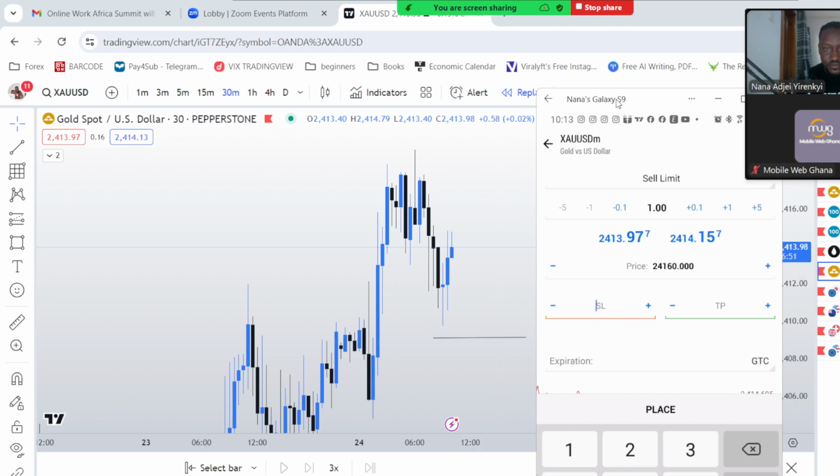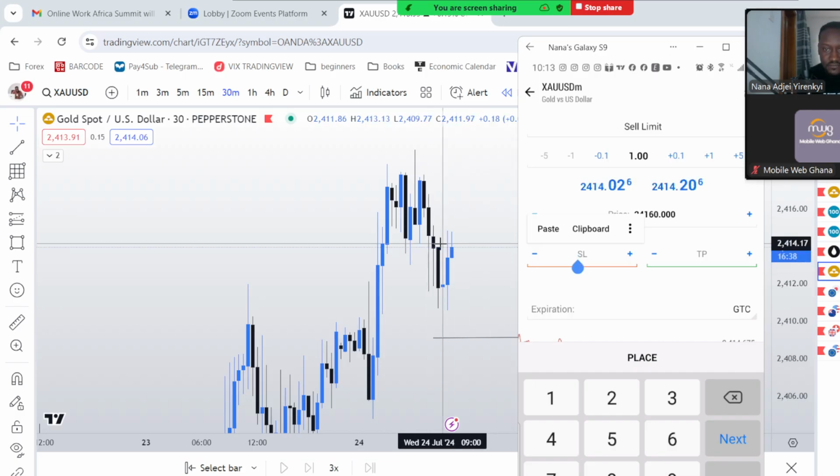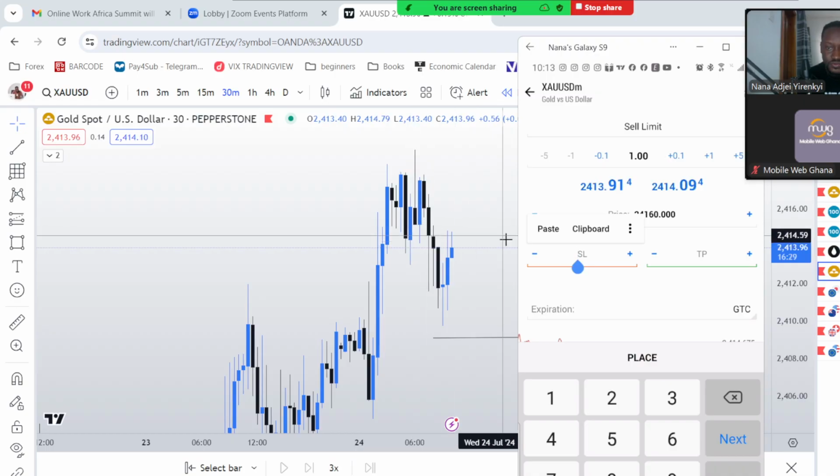I explained stop loss to you to be your risk management tool. Whenever price goes against you, this is a way to stop you out so that you don't lose more money than intended. So you set your stop loss, that is a level that you are going to set in case price decides to continue buying even though you are looking to sell. You are going to also set that one.